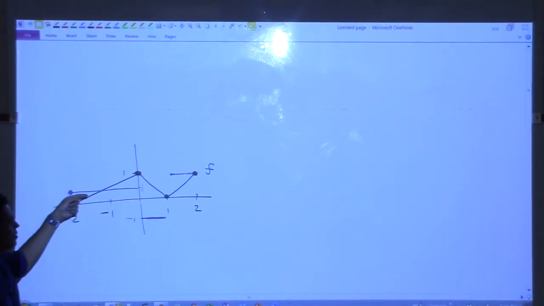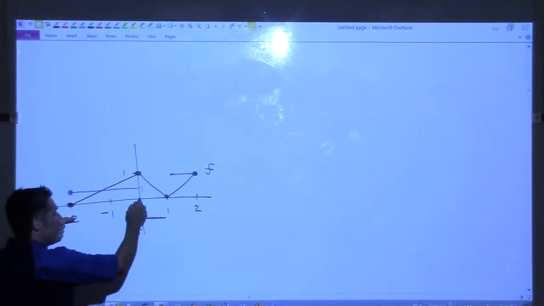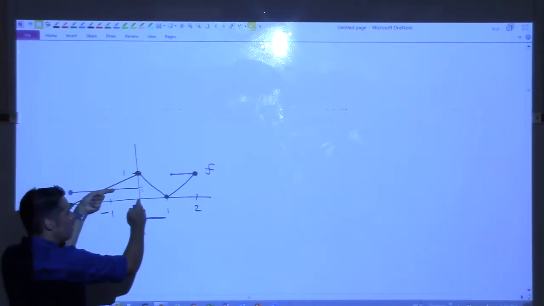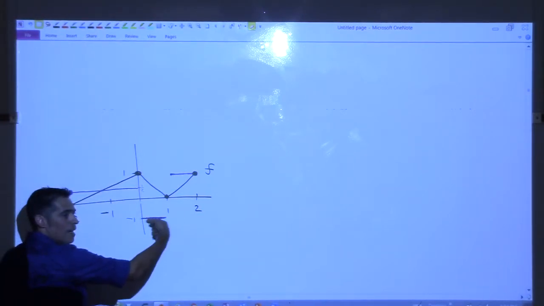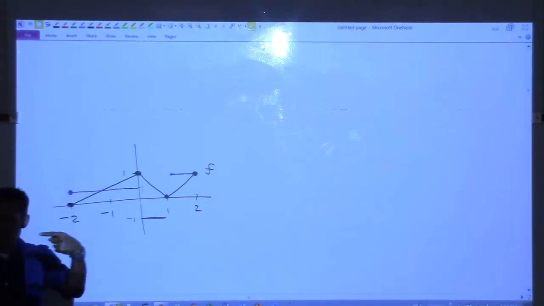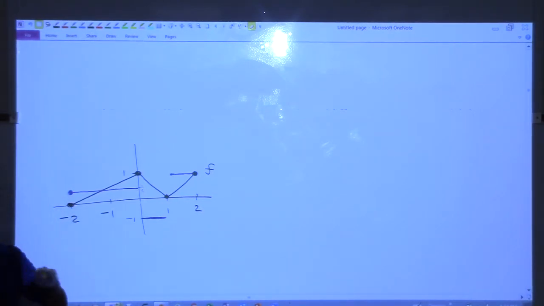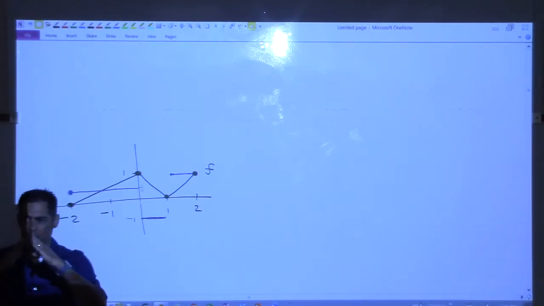So what would be the derivative, if I'm trying to figure out what's happening at 0, what would be the derivative as I come in from the left? 1/2. What's the derivative as I come in from the right? Negative 1. And so I get two different values, don't I? And that means that at 0, the limit does not exist. And it's because you have a sharp corner there.